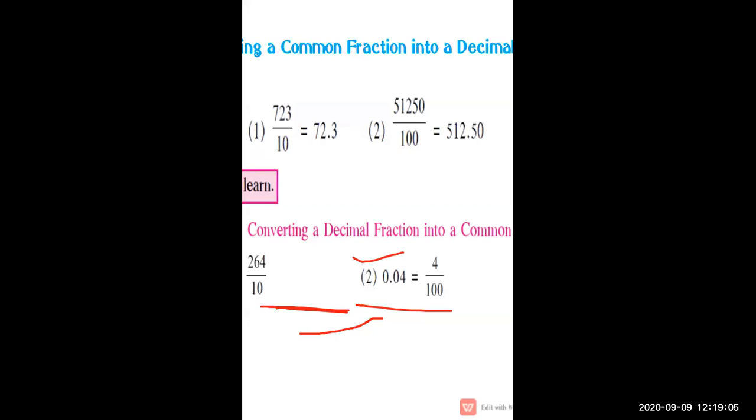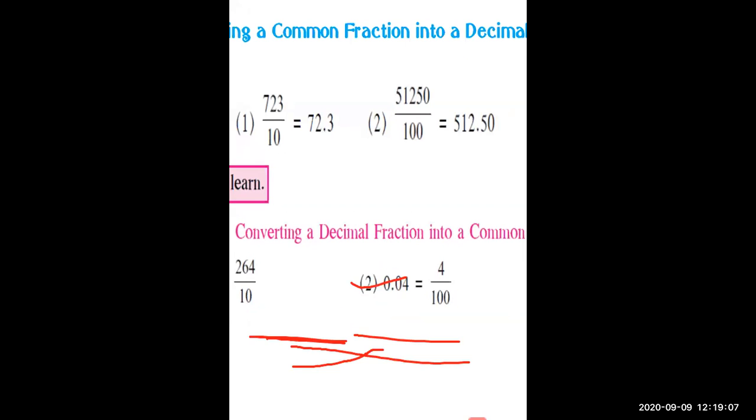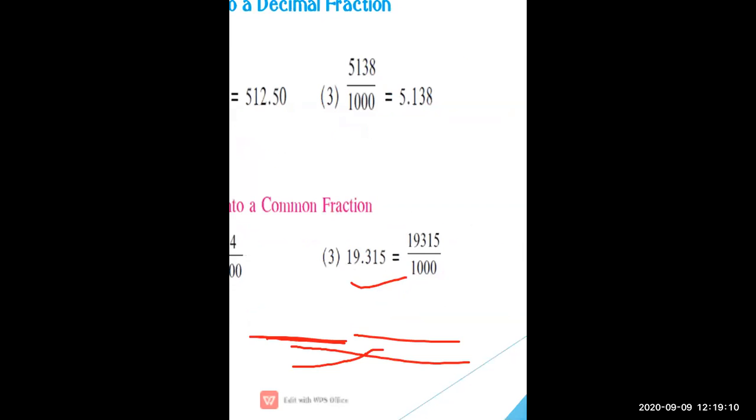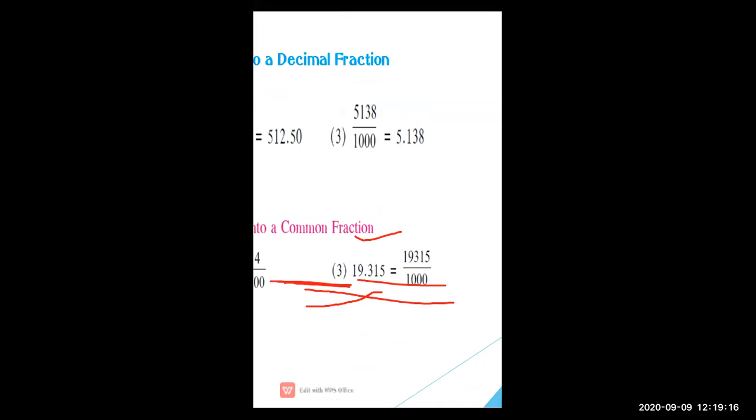Now the next sum is 19.315. For 315, after how many digits is the point given? 5, then 1, then 3. That means 1, 2, 3. It is given before 3 digits. So if 3 digits are given after the point, we have to write 1000.